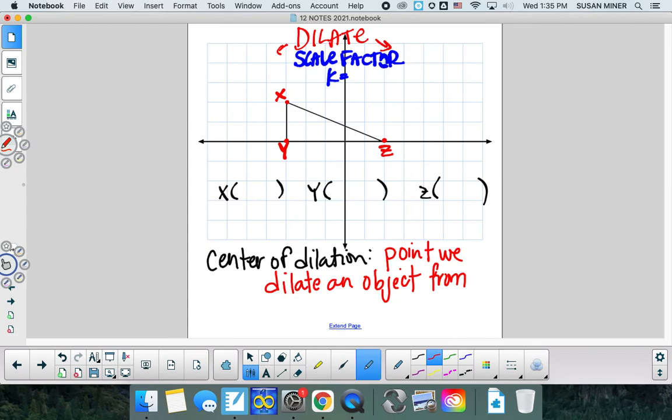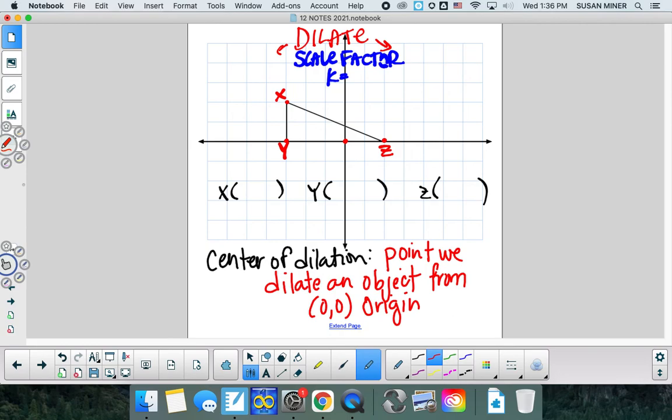Our center of dilation is going to be the origin, or 0, 0. So that is the only place we are going to dilate from in this class. So our center of dilation is going to be here, and everything is going to be resized from that point moving out. So we'll kind of see how that works.